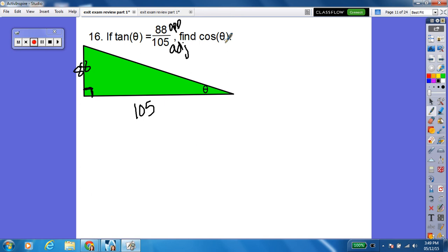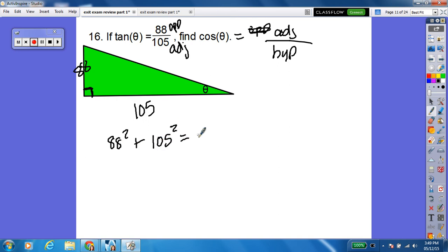Now we're supposed to find cosine of theta, but cosine is opposite over, no, it's adjacent over hypotenuse. But folks, I don't have the hypotenuse. Couple things we could do. We could use a reduced triangle theorem to help us solve this, or we can just use your Pythagorean theorem here to find your hypotenuse, because we need that.